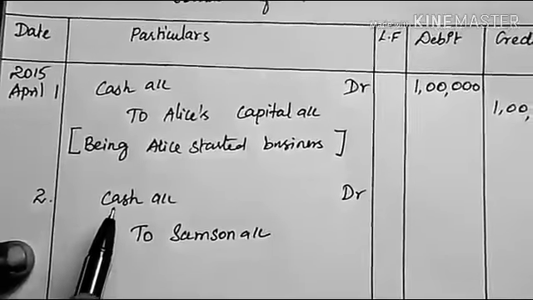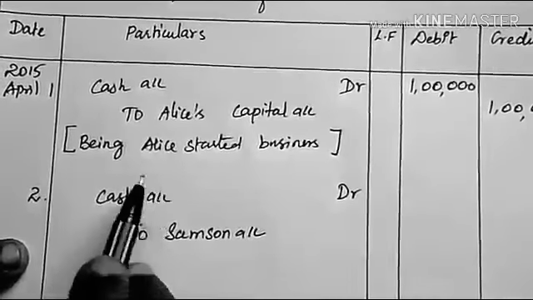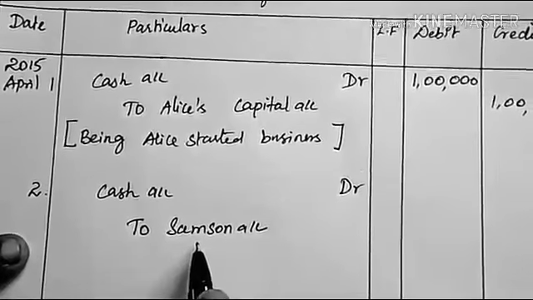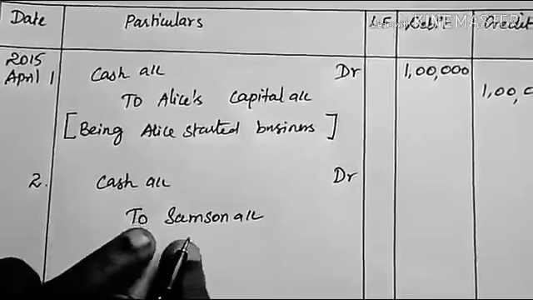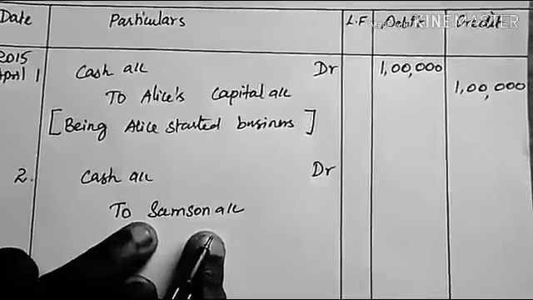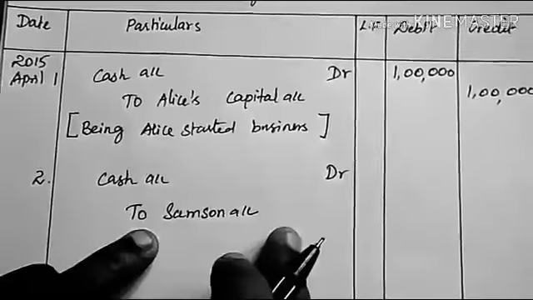So your cash, when you receive cash from Samson, cash comes in. Real account rule is debit what comes in. So you debit cash. And Samson is a personal account. The personal account rule is debit the receiver, credit the giver. Here you have received cash from Samson. According to this transaction, Samson is a giver. So credit the giver.